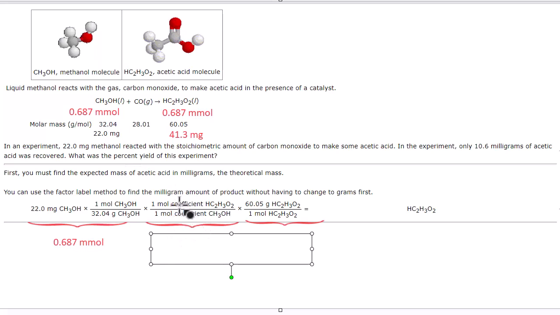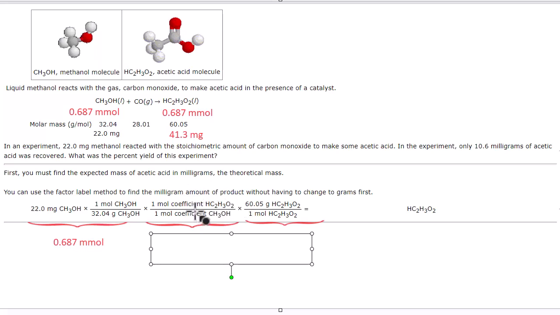Now, this is the step where, if you had different coefficients, let's say there's a 3 and a 5, you'd end up having the 5 moles of acetic acid and the 3 of the methanol down here. And notice we cancel out our methanol and we convert it. In fact, this is the factor label conversion method into our acetic acid.